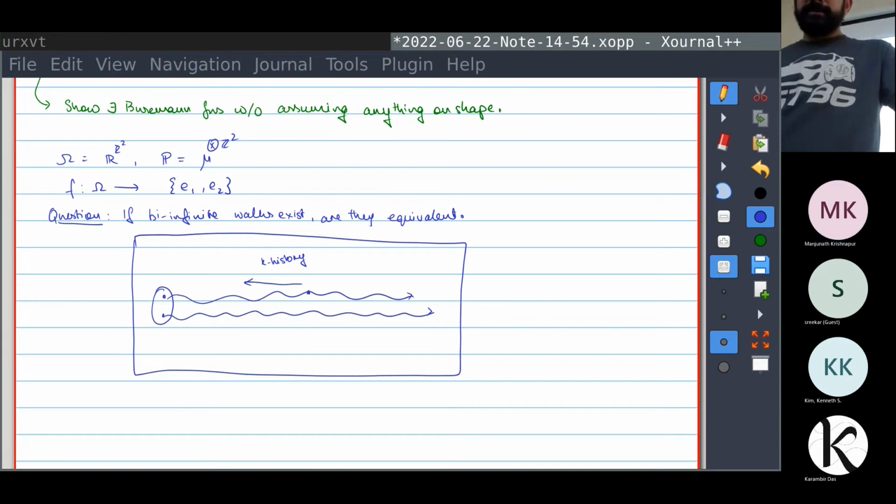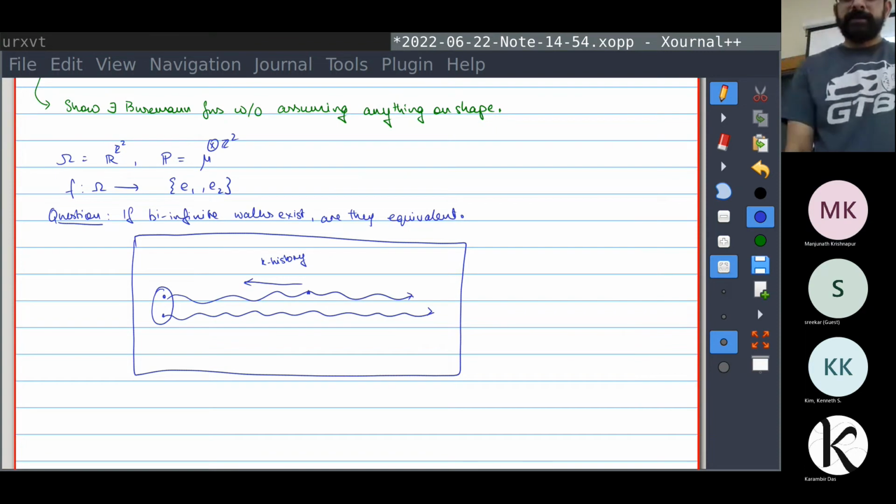Shrikar has a question. Oh, okay. He's muted. He said someone had asked in the beginning about the role of Z^d in this. Can you elaborate a little bit on the question?